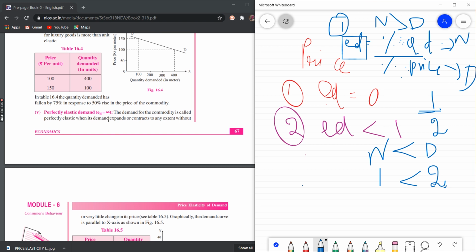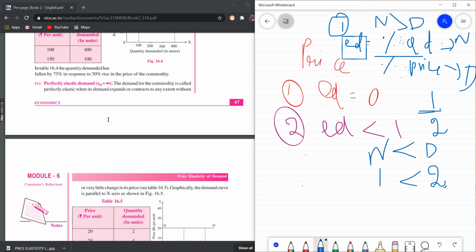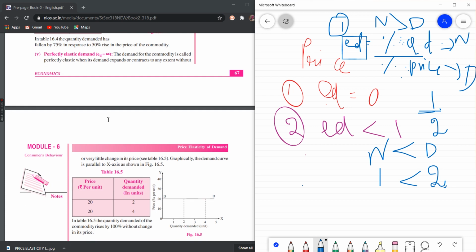This was the fifth kind of price elastic demand, which means very little change in its price may lead to an uncountable or unpredictable change in the quantity demanded. It is the case where infinity will occur. Okay, I hope you are clear with it.